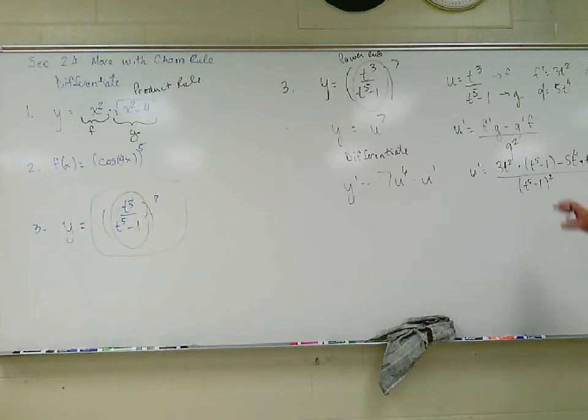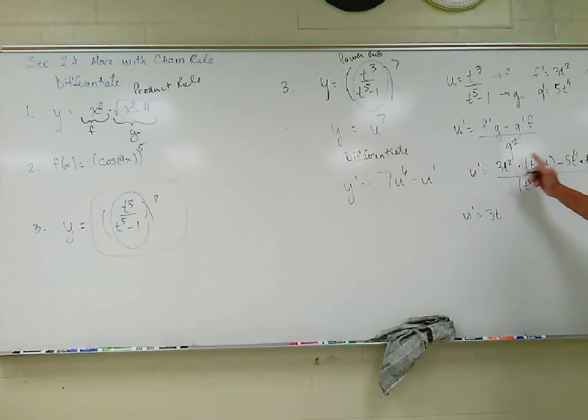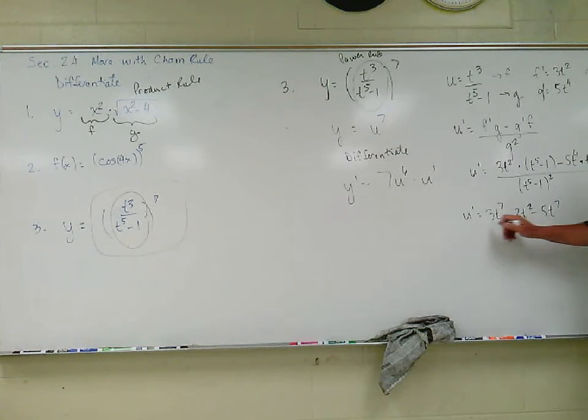It's going out of the screen a little bit. So now if I distribute this, I get 3t to the, what's t squared times t to the fifth? What do you do with your exponents? Add. t to the seventh minus 3t squared minus 5t to the seventh. Then I can combine these two over t to the fifth minus 1 squared.